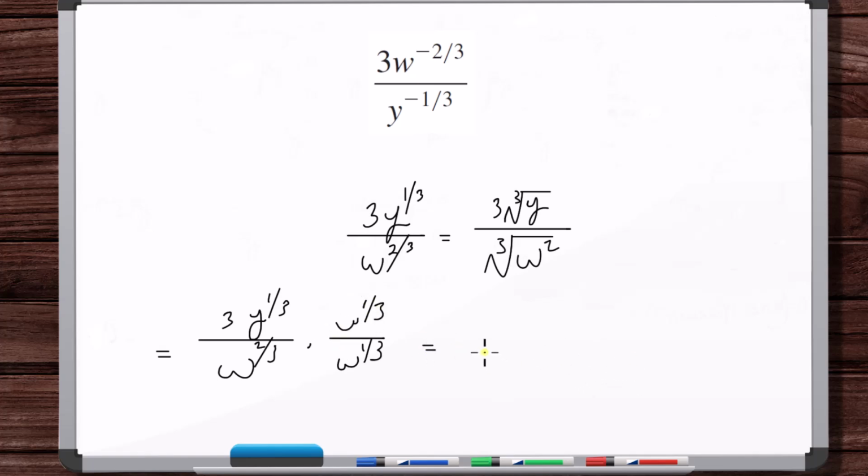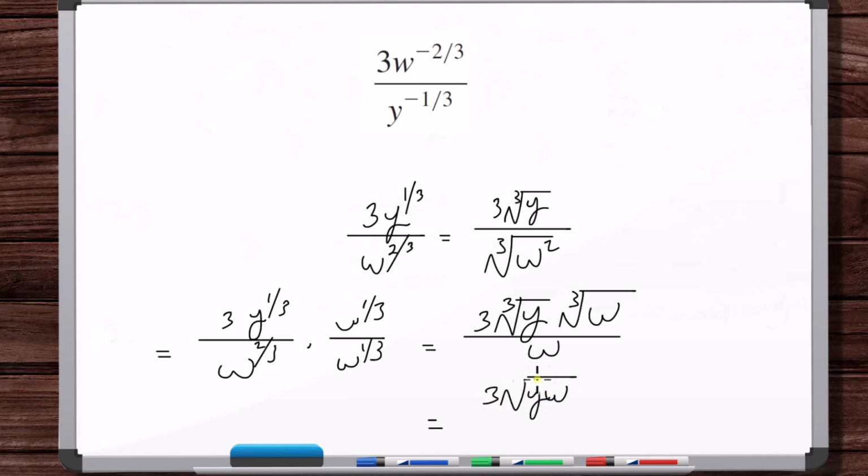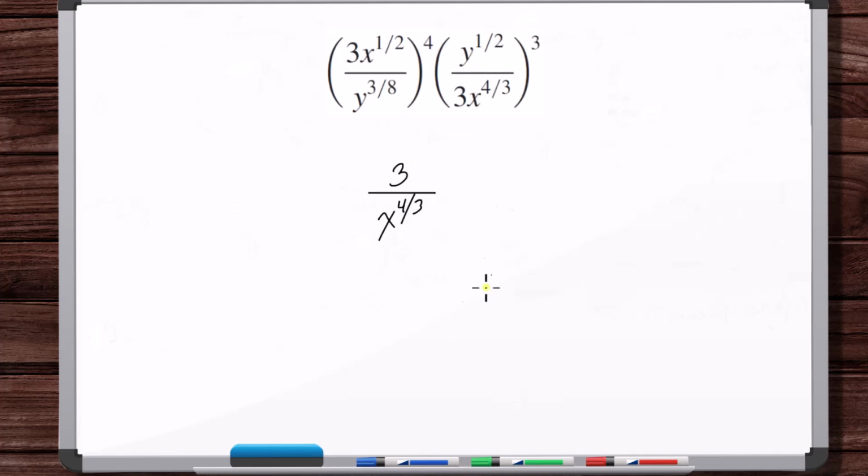So we'll get 3 cube root of y cube root of w over w, and we can actually combine the y and the w. So you can see in radical form, this is fully simplified. You can't just convert this to radical form and then you're done, even though this was fully simplified in the rational exponent form.